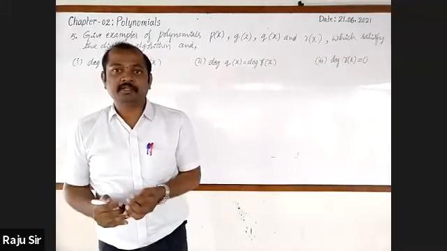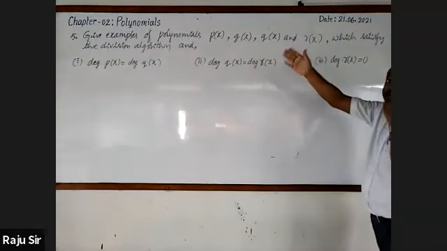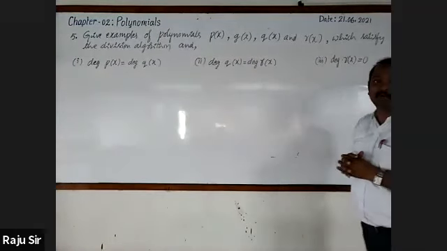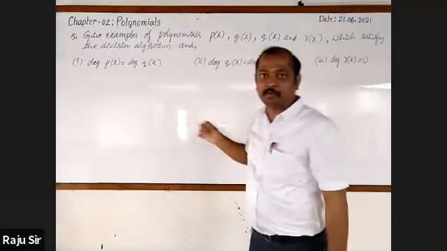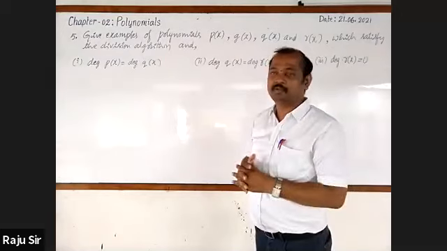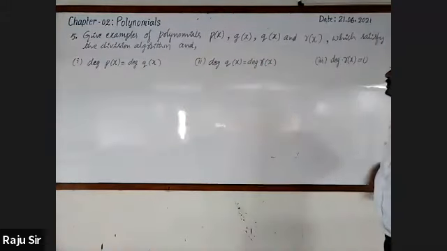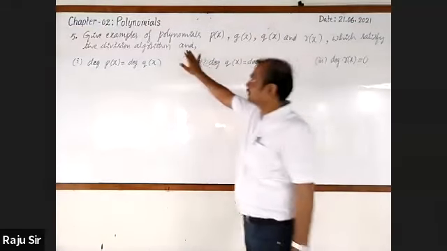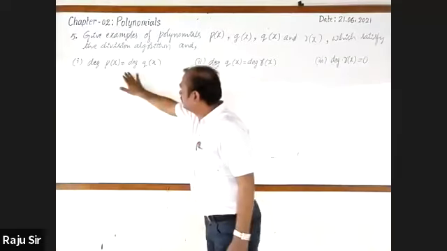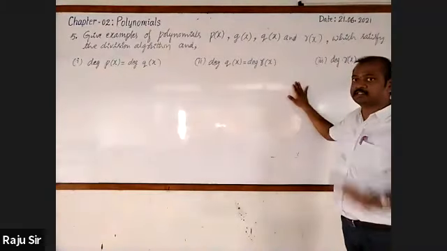So you all may be thinking why sir has written the statement from that end to this end. Every time I used to use only half of the board or one third of the board, but now I've used the full board. The reason is, with respect to this statement, three conditions are given.